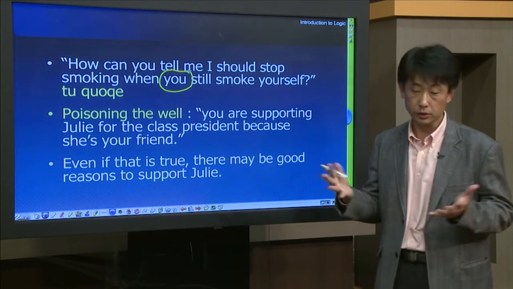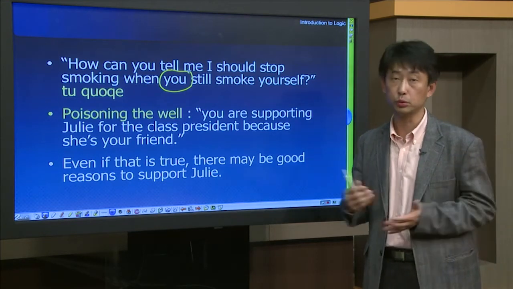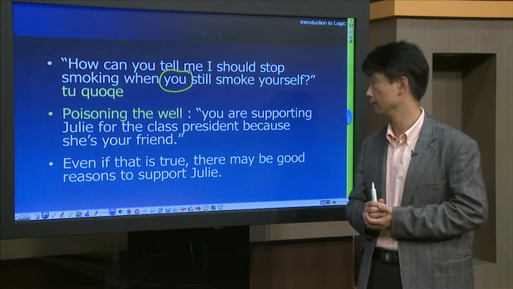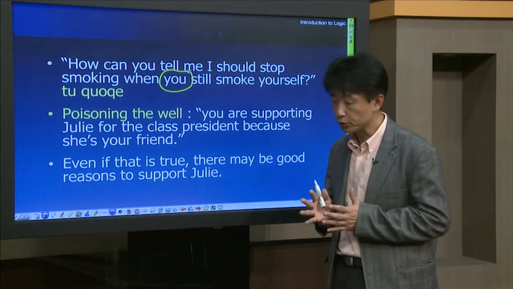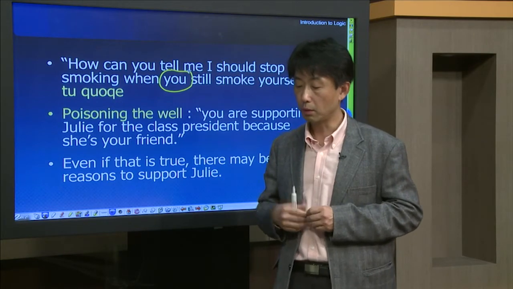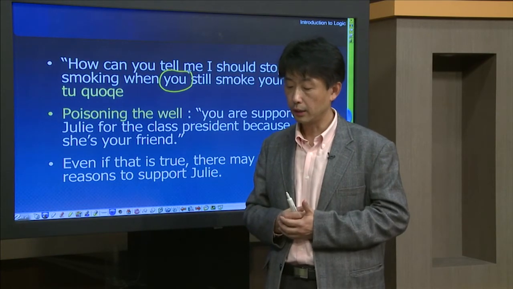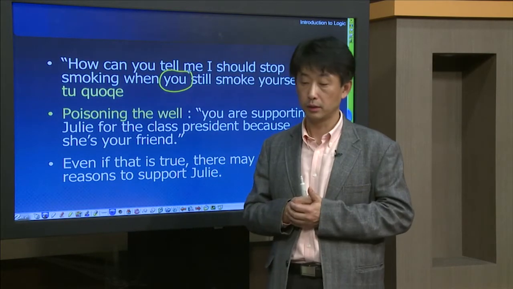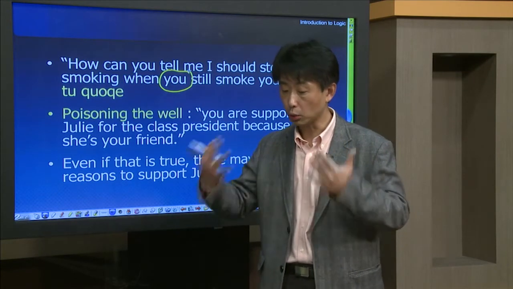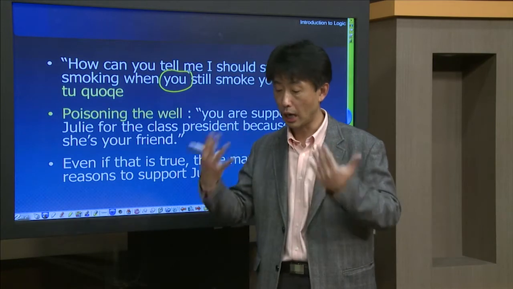His claim might as well be true, based on proper evidence. So just because the person who presents the argument or makes the claim is such and such, that should not be automatically taken as ground to disqualify the person's argument.